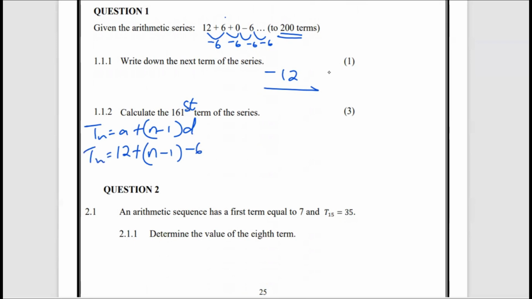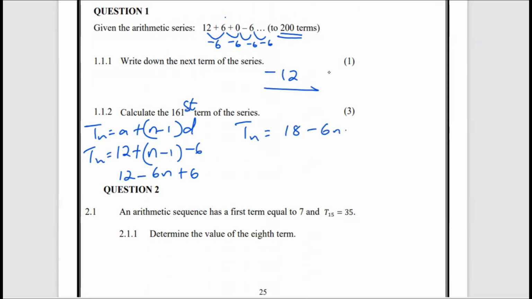So this is our Tn, or we can simplify this further. We shall have 12 plus, no, that's going to be negative 6, so minus 6n, and then that's going to be a plus 6. That will give us our Tn as 18 minus 6n.